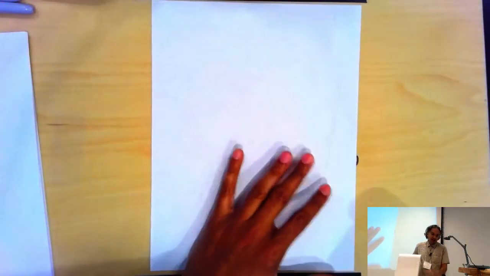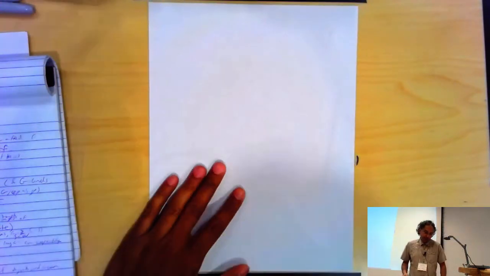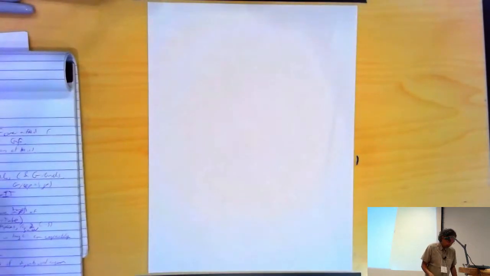So for most of this talk, I'll take this perspective of when we think about stacks, we mostly are just thinking about making systematic statements about the functor of points. Okay.